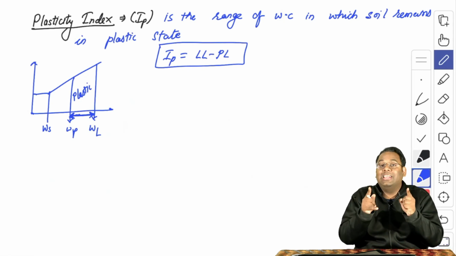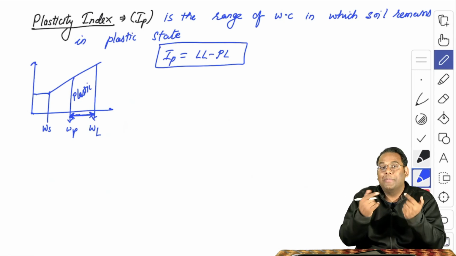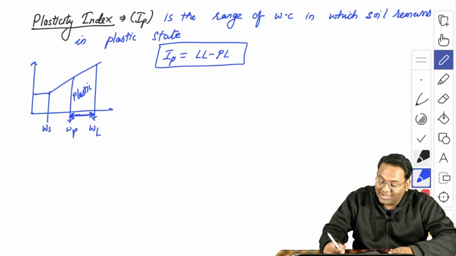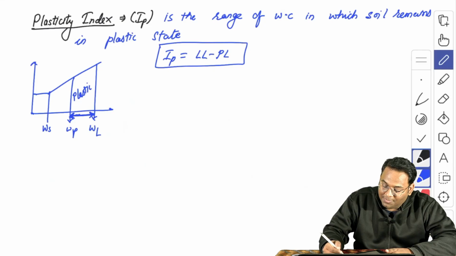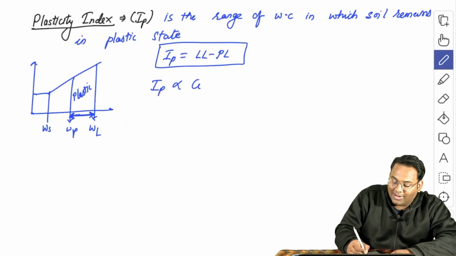And if this range is more, that means the force that is imparting the soil plasticity is more, and that force is the cohesion. So here I can write down that this IP is directly proportional to the cohesion.